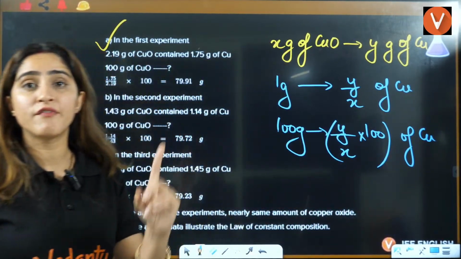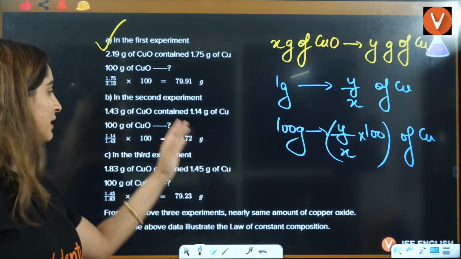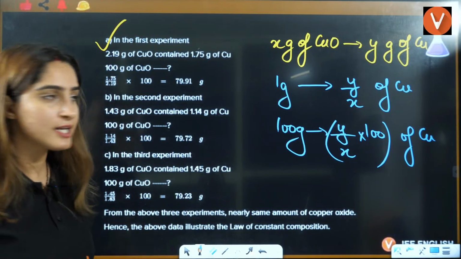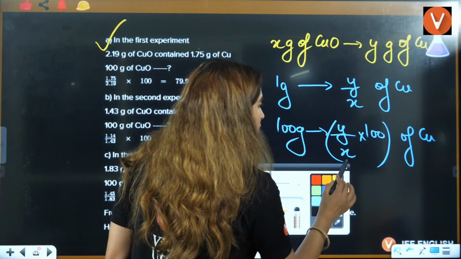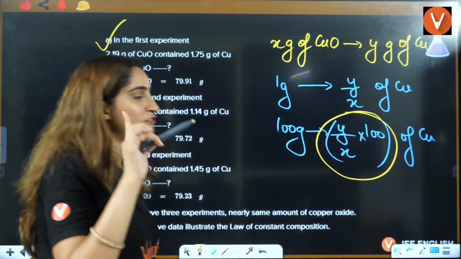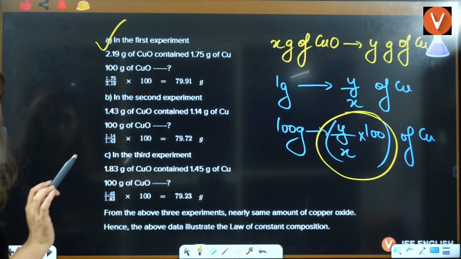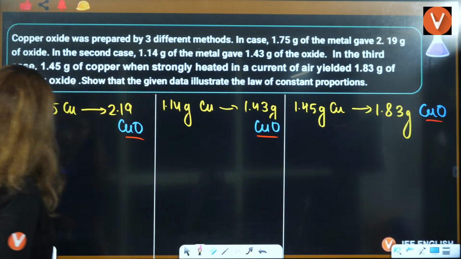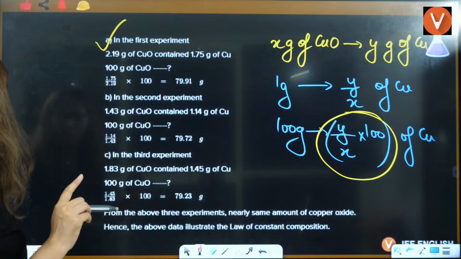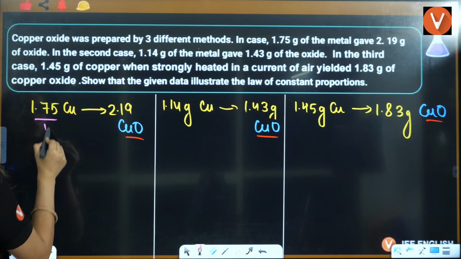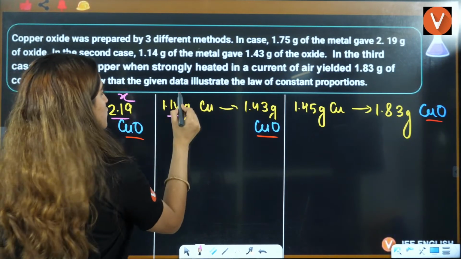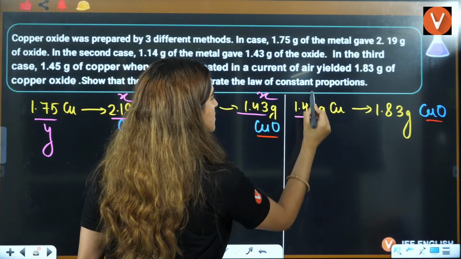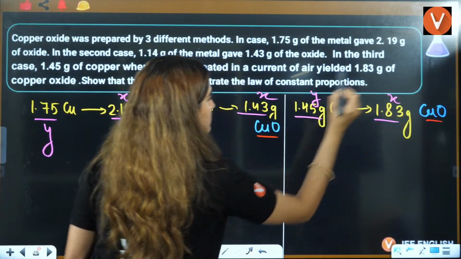Now, if it is giving the same amount of copper, then the answer will be correct. So the formula you need to apply is y by x into 100. Here y is copper and x is copper oxide.